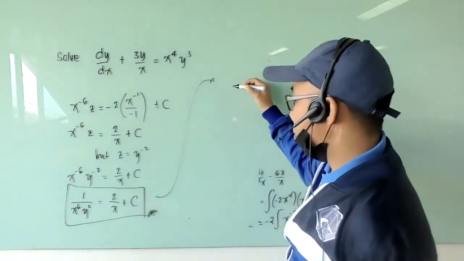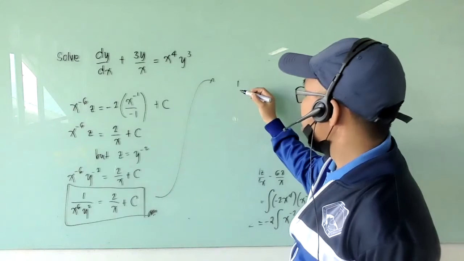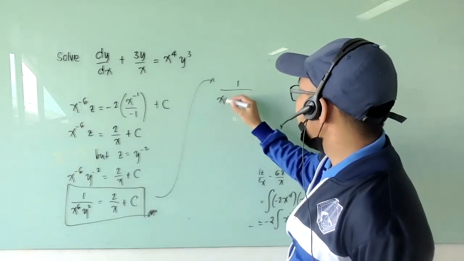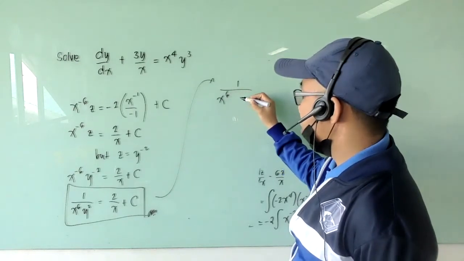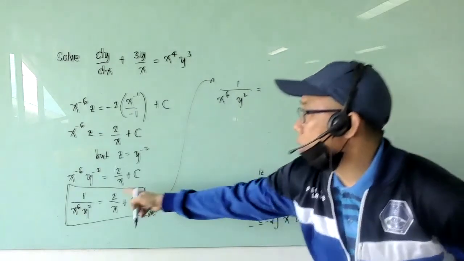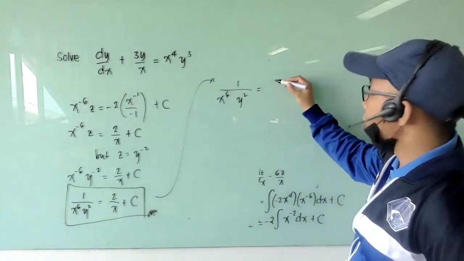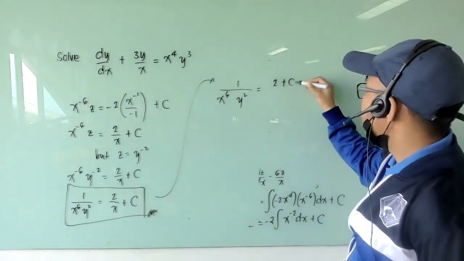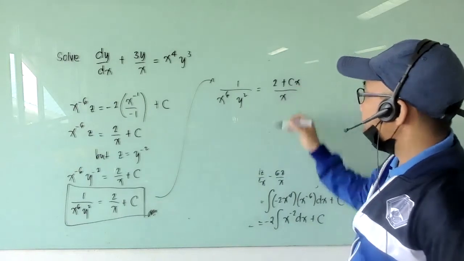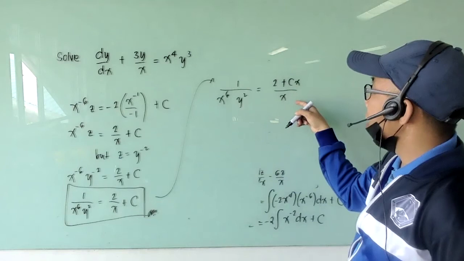so this will become 1 over x raised to 6. We copy first, y squared equals, so we put it into one fraction, so that will be 2 plus cx over x. And then we cross multiply.